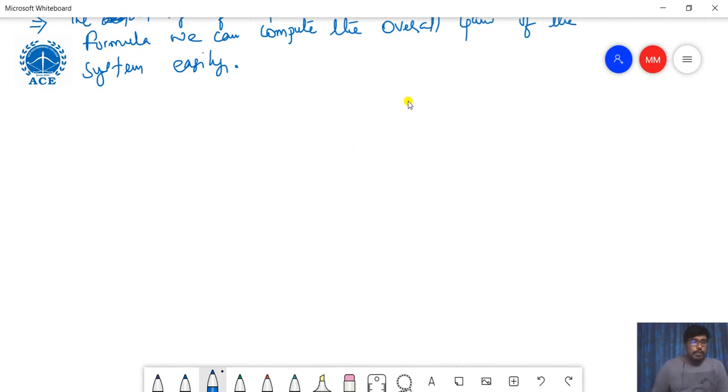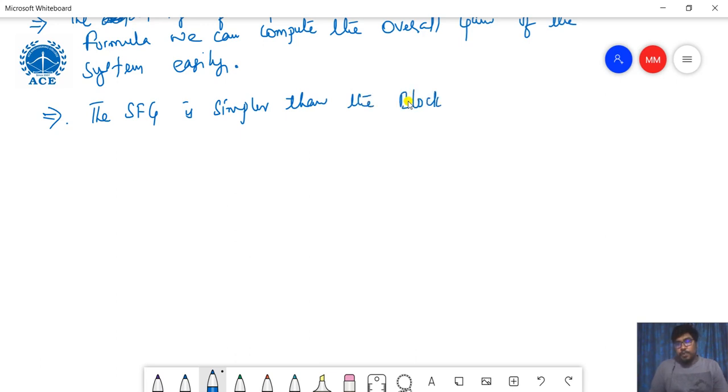Another point, the last point I will write: finally we can say that the SFG is simpler than the block diagram reduction technique.